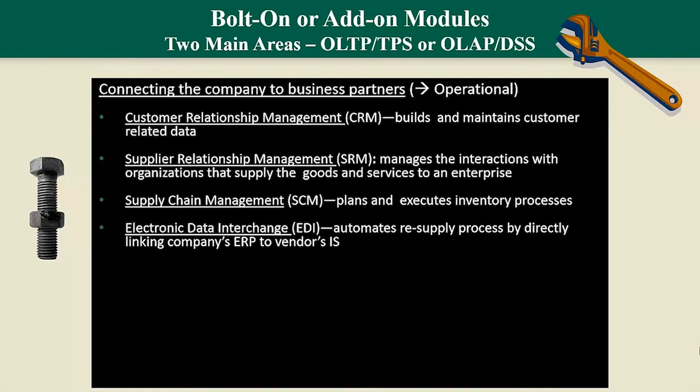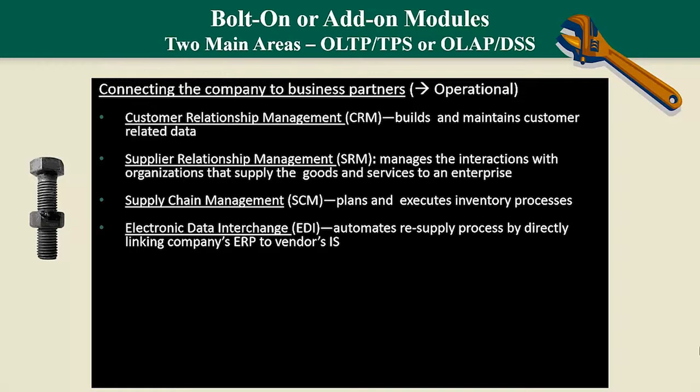As I said, we can divide these pretty much into OLTP add-on modules or OLAP add-on modules, either for transaction processing or decision support. On the operational side, the OLTP side, common modules are CRM, Customer Relationship Management, which builds and maintains customer data. SRM, Supplier Relationship Management.